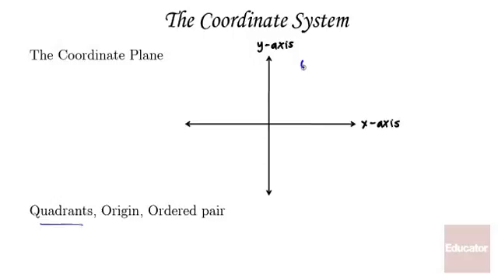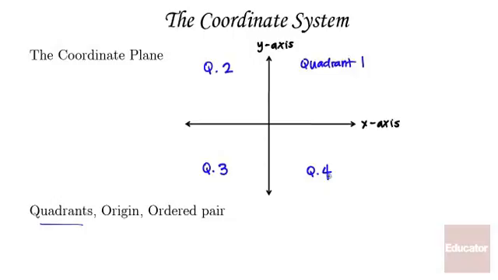This is called quadrant 1. Then going over to this side, this is quadrant 2. Then down, this is quadrant 3. And the last one is quadrant 4. So those are the four sections of the coordinate plane.